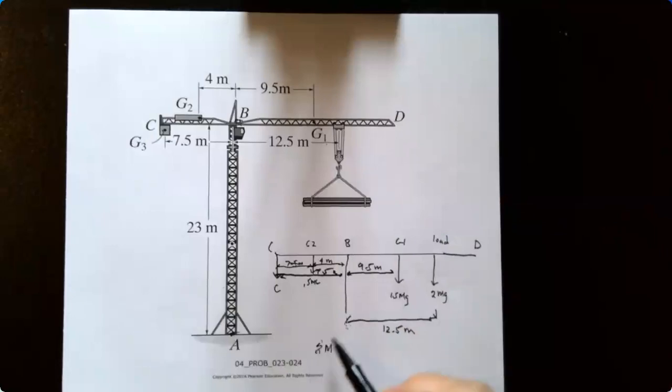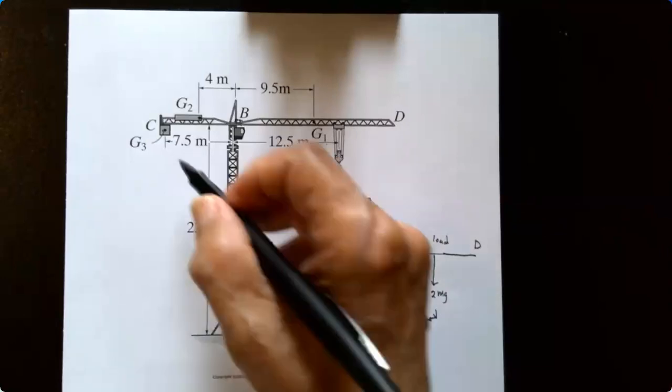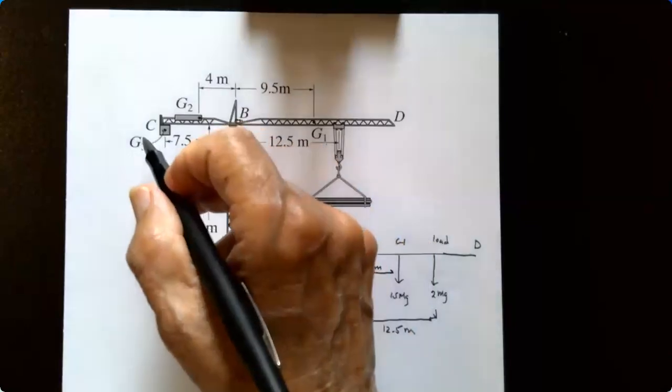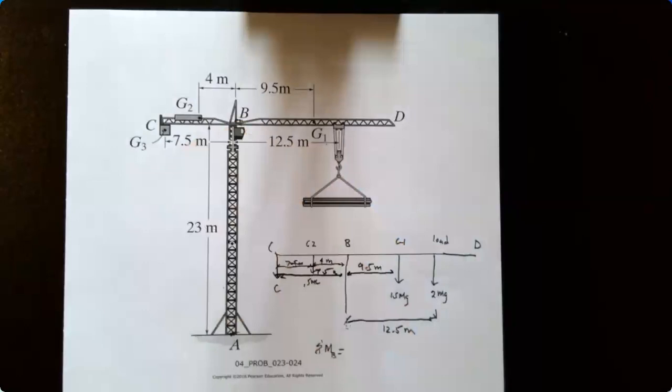So sum of the moments about B then. Unknown is going to be the C that we have over here.